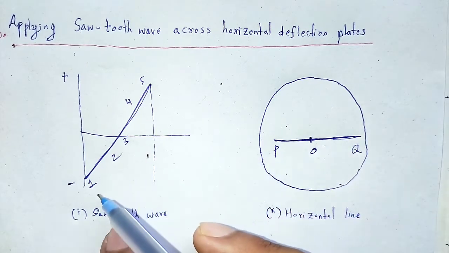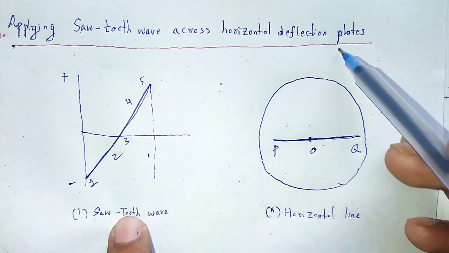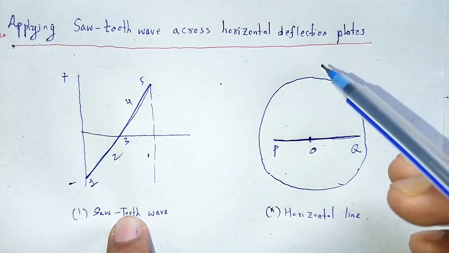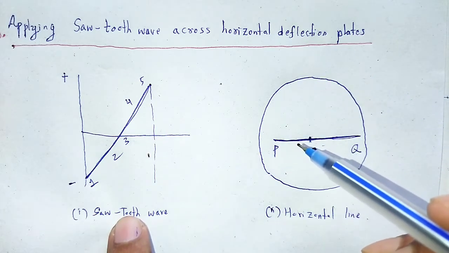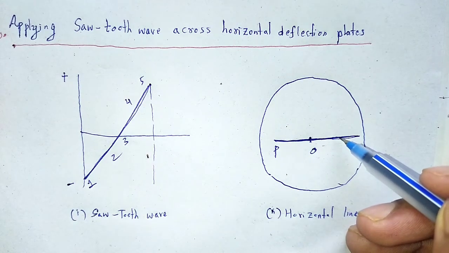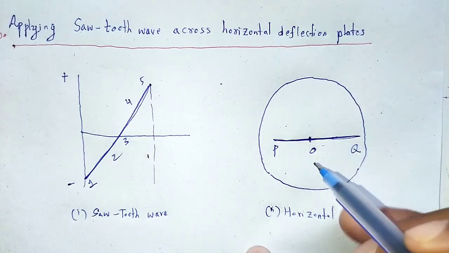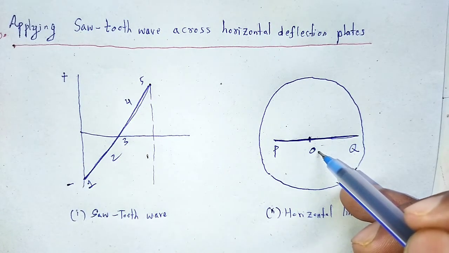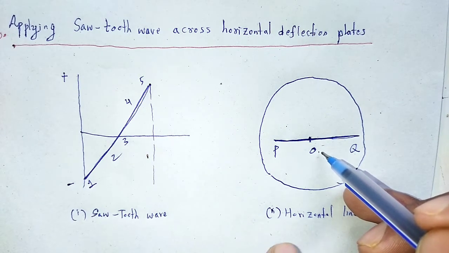Therefore, a sawtooth wave is applied to the horizontal deflecting plates, which moves the beam from left to right at a uniform rate. The circuit which produces this voltage we call a sweep generator or time base generator.